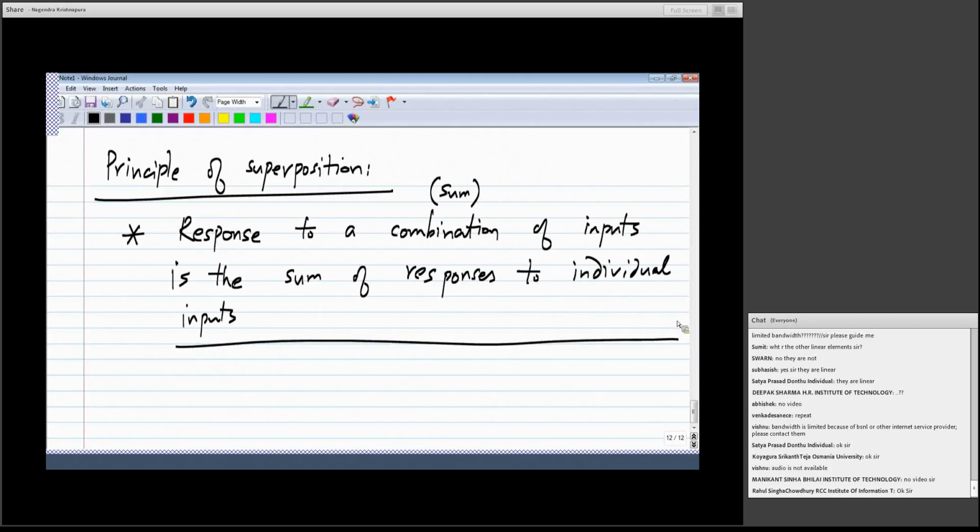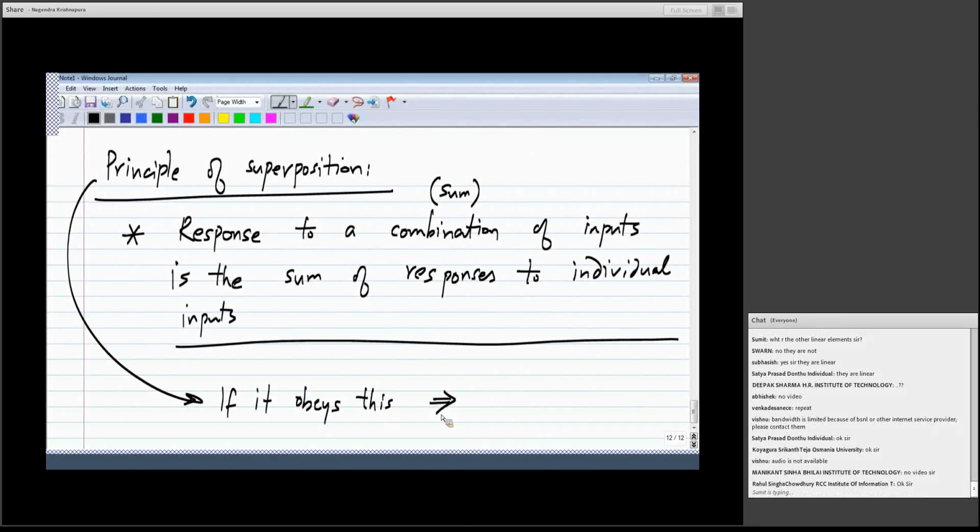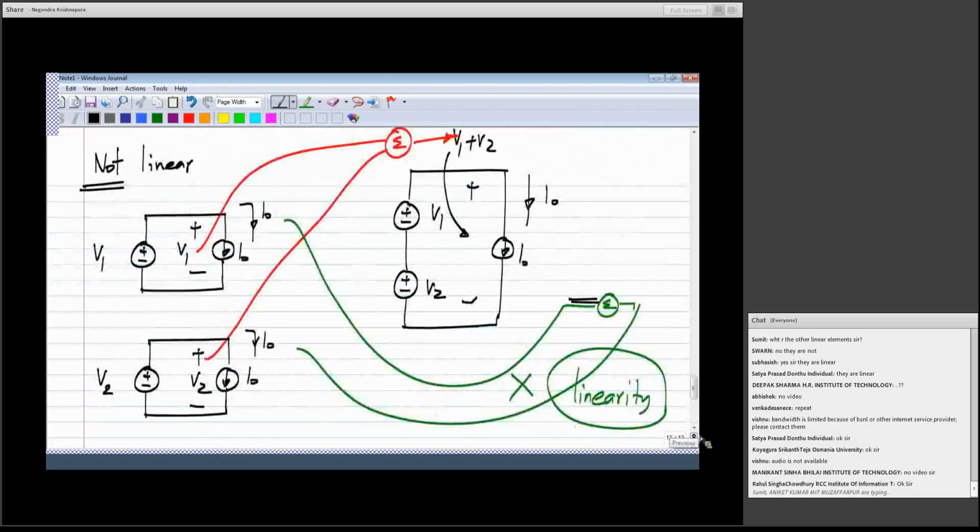If this is the case, as it was true for a resistor, then it means that it obeys the principle of superposition, and if it obeys that, it implies linearity. So a resistor is linear, a voltage and current source are not linear.